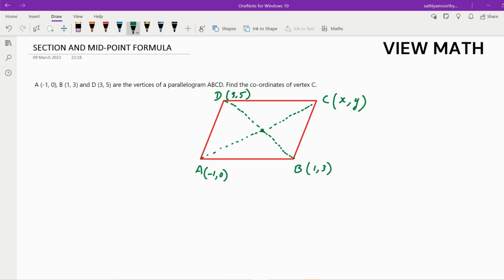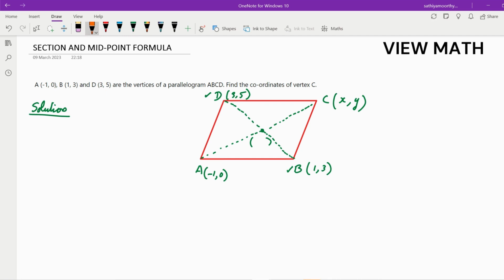This is the midpoint. First, I know the B coordinate and the D coordinate, so with these two I'm going to find the midpoint first. After finding the midpoint, I'm going to take the diagonal AC. The A coordinate I know, the midpoint I have found using BD, and then I'll be able to find the C coordinate.